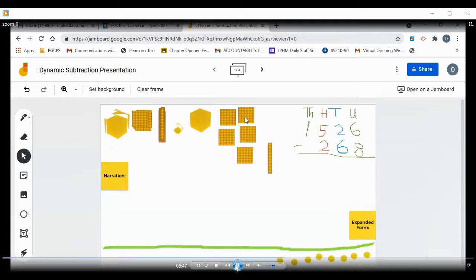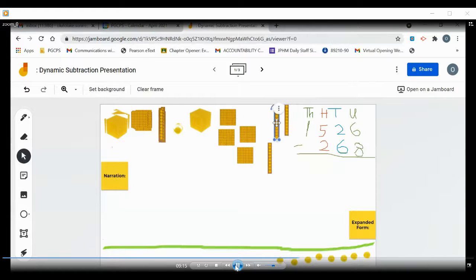I need to take 100 square, take it to the bank and exchange my 100 square for 10 tens. I'm taking one because 10 tens is the same as 100. So I'm going to take one of this 100, take it to the bank and exchange it for 10 tens. I have to make sure I bring exactly 10 tens back.